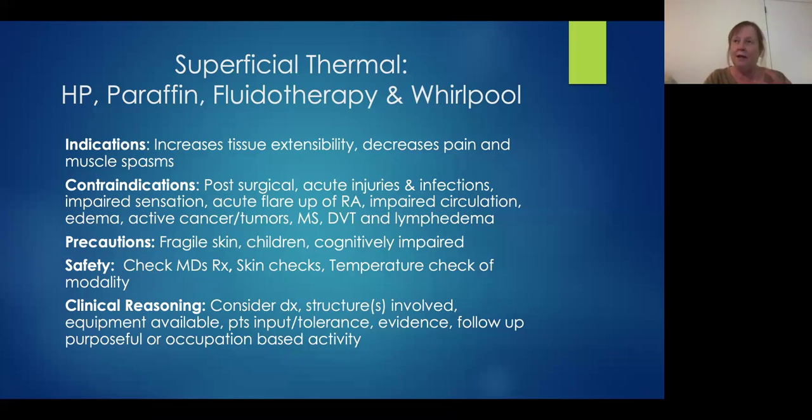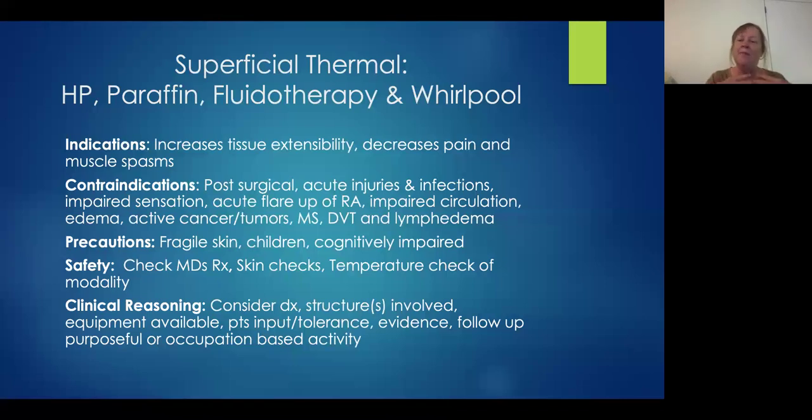Now, when you are studying for the exam, you need to go through each one of these and make sure you have a general idea of how to apply it. But most importantly, why would you select one over the other? Know your superficial thermal modalities, but know why one over the other. And of course, know the things that I have listed here: the contraindications, the precautions, safety concerns.